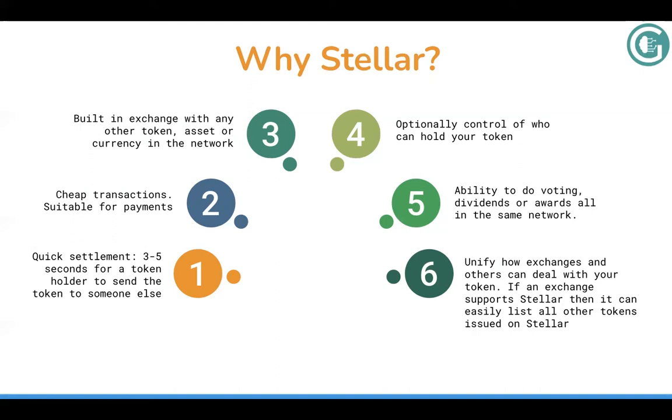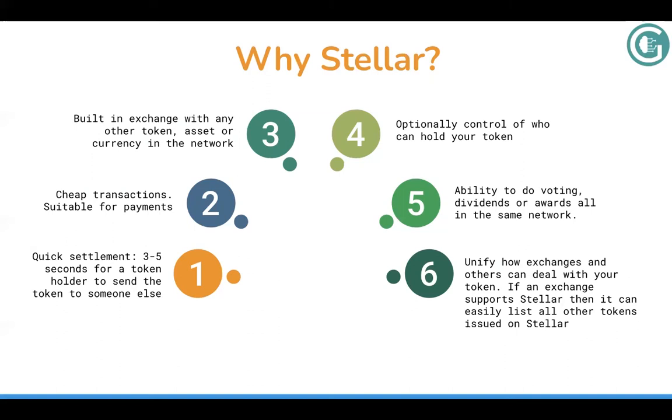We have no intention to do that in our Doozie token idea, but that's something you can do here as well, if you wish to. The fifth one is ability to do voting, dividends, or awards all in the same network. So we do not have to create separate things for these things if we want to achieve this.